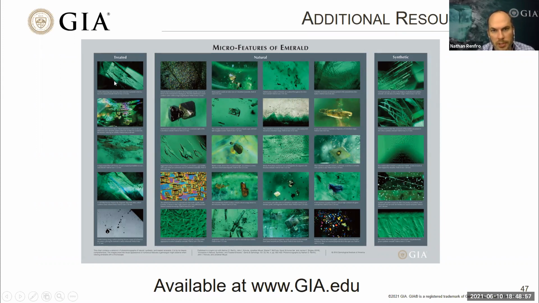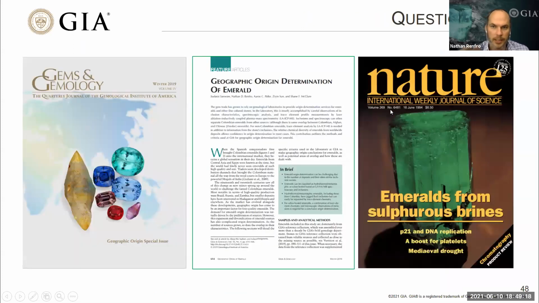We produced this Micro-Features of Emerald chart, and if you go to the website and search for the micro features of emerald, you should be able to pull that up. It's a lot of photomicrographs showing features from a wide variety of emeralds and treated stones and synthetic stones also.